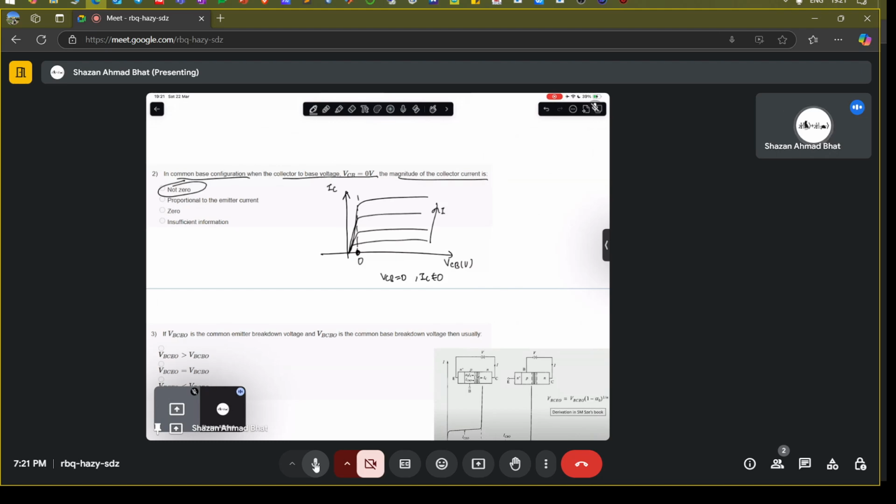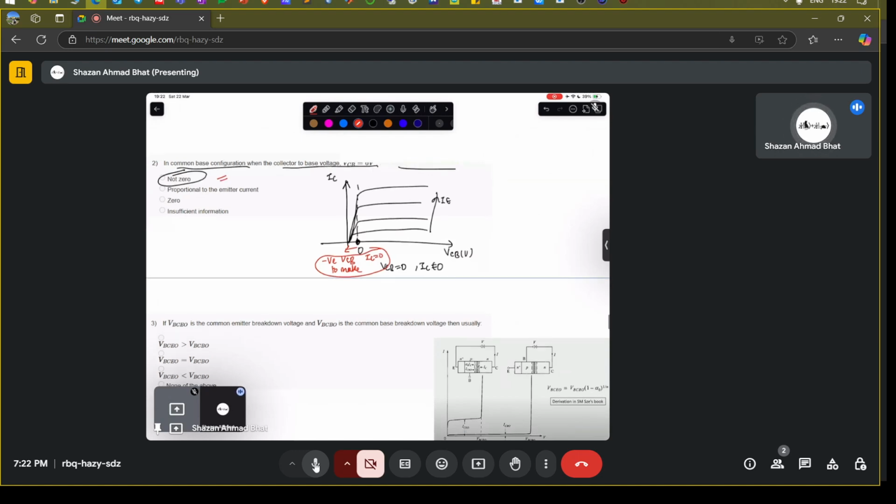In this direction, you increase the IE. So you have to apply some negative VCB to make IC equal to 0. That's the reason we talked about why this happens in a common base configuration. So this is the answer to this question.